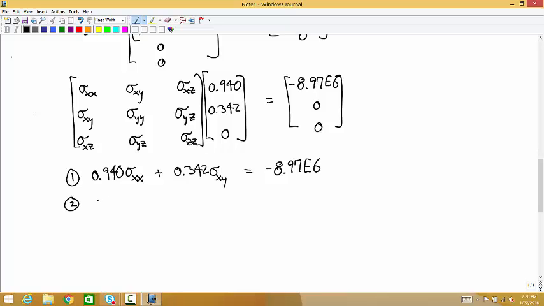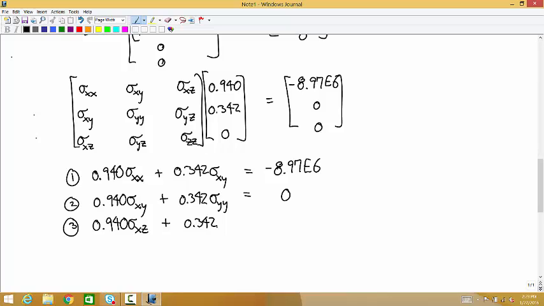And second, 0.940 sigma xy plus 0.342 sigma yy is equal to 0. And then a third one: 0.940 sigma xz plus 0.342 sigma yz is equal to 0.